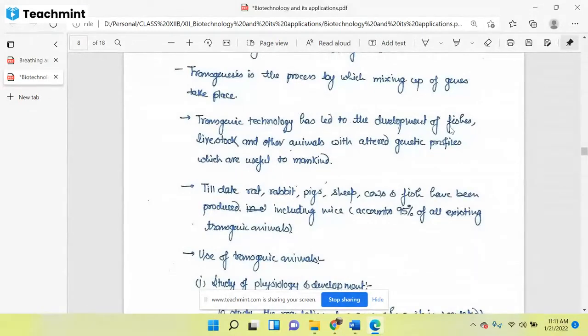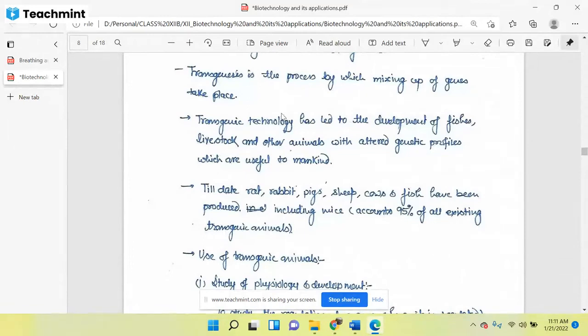We are making transgenic fishes, we are making transgenic livestock species, we are making different organisms to get different phenotype and protein. Suppose if we want to get a human protein in mice, then we can do it by producing a transgenic animal. If we want to produce any plant protein in the animal, we can do it. Okay, so we are using fish, we are using livestock species.